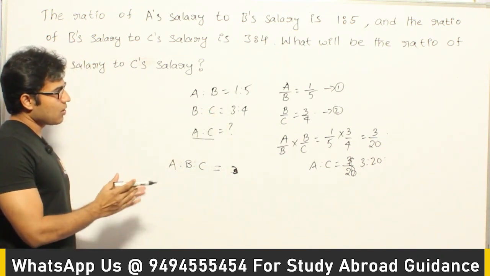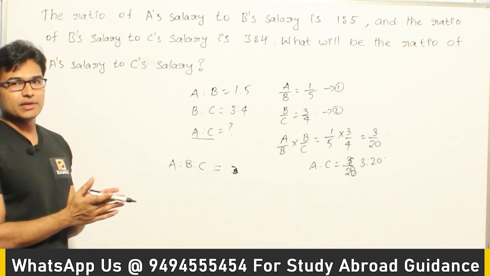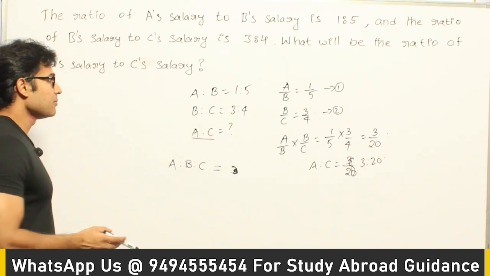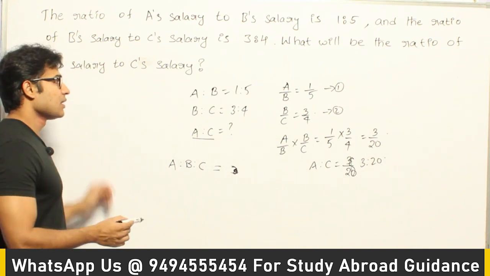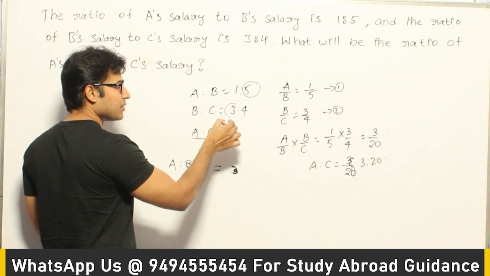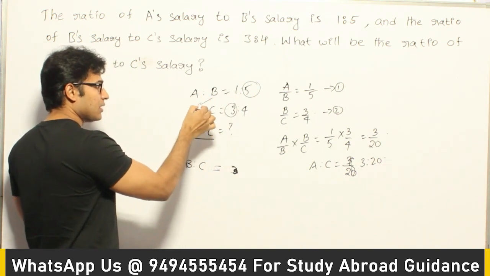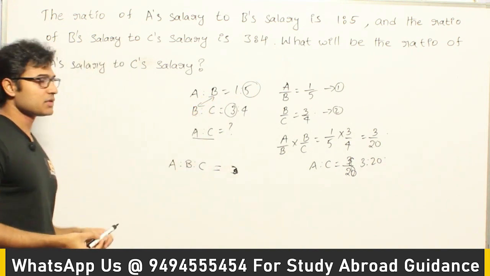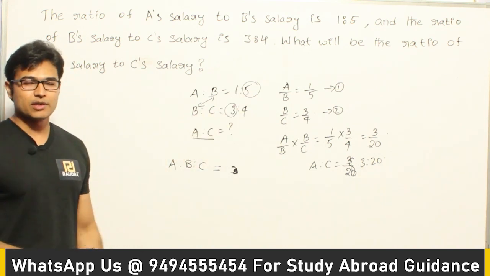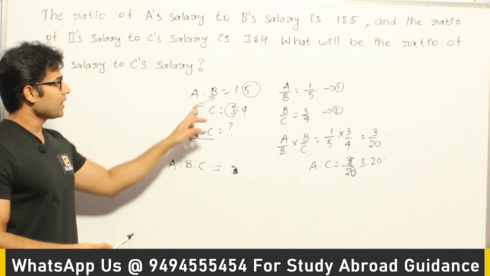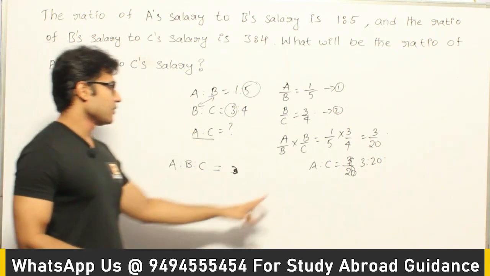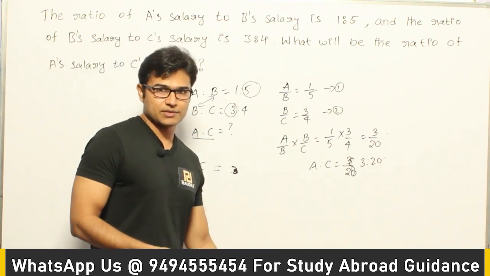But if you want to combine all these three, that is called combining the ratios, you may not be able to use that number, right? So the other way is, now you see B's number here and you see B's number here. B is the common part, right? Take the common part in the two ratios and try to make these two numbers the same number, equate them to the same number, right? Then I can combine all these three. That is how we combine. See, directly if A is to C is asked, 3:20 is the answer.